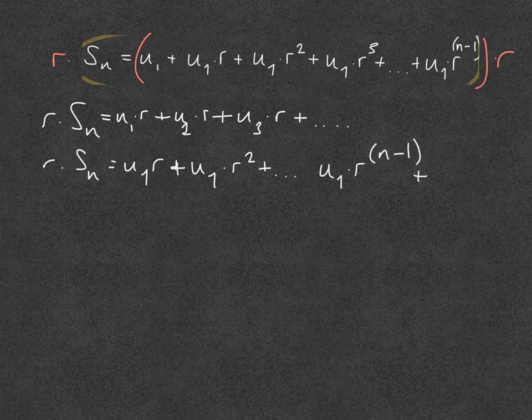But now we have another last term, which is u1 times r to the power of n. Now, how did that happen? That happened because this last term here has now been multiplied with r. So it's no longer r to the power of n minus 1. It's r to the power of n, because we've added one more r. So this is now the final term. That's the result of this little trick that we did.